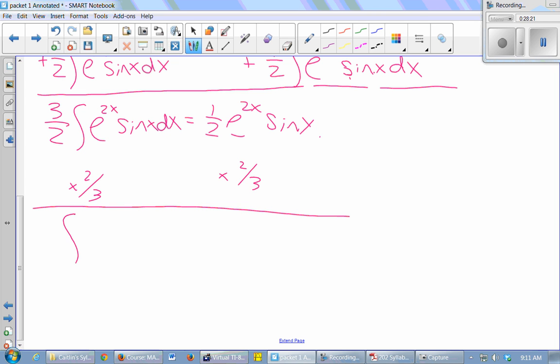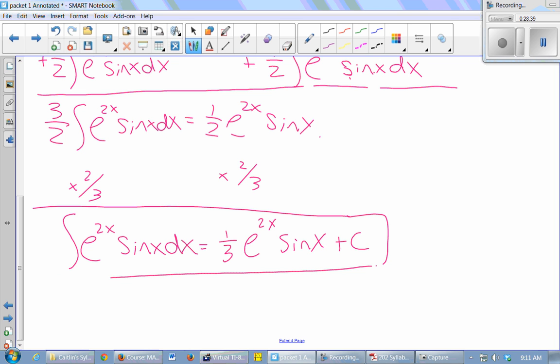So I end up knowing that the integral of e to the 2x sine x dx, 1/2 times 2/3 would be 1/3 e to the 2x, x, and then throw on the plus c. That's pretty crazy. So we had to do by parts twice and then solve for the integral we wanted.